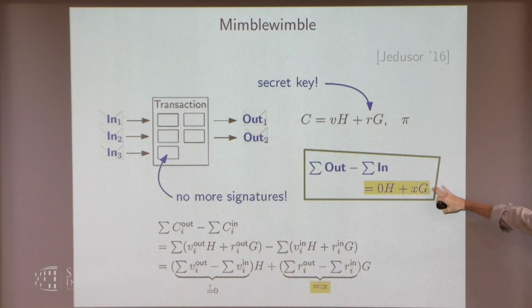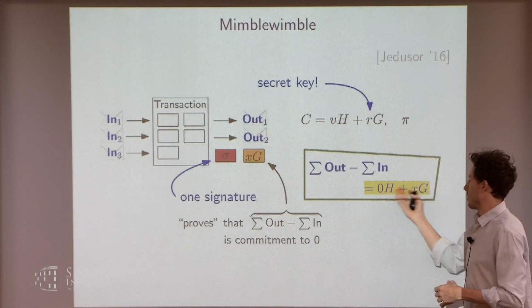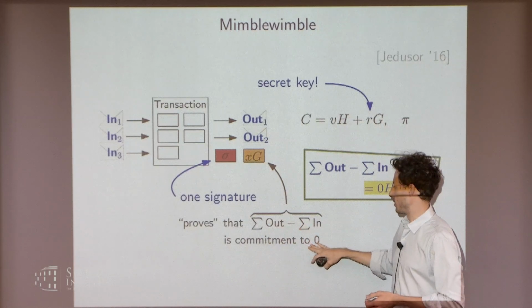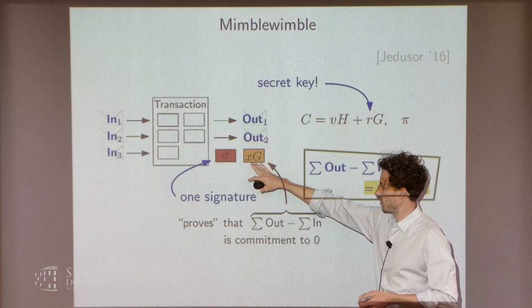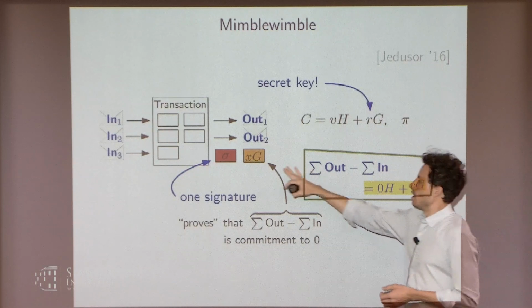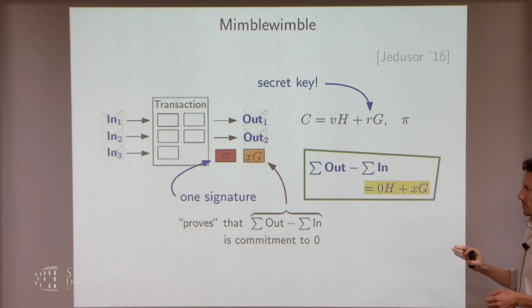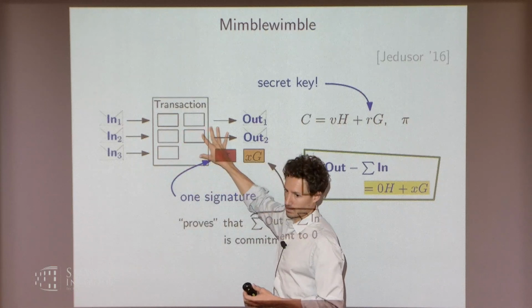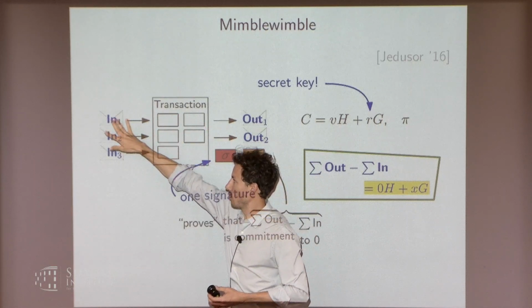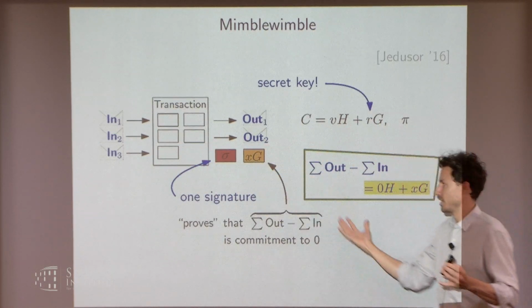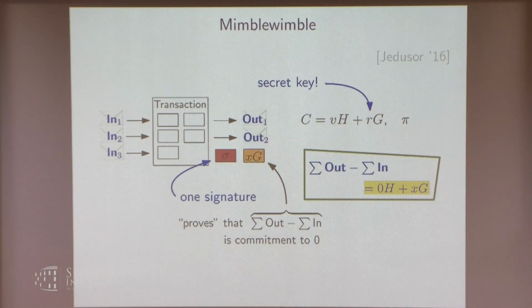And so instead of checking whether this is 0, we interpret this as a public key, or in other words, we prove that we know an opening of this to 0, or in other words, we prove that we know the secret value x here. And it turns out that at the same time, this proof also guarantees authenticity of this transaction. So it guarantees that if you own that coin, no one else can spend it. So basically this one signature takes care of all the security properties that we want in some very magical way.